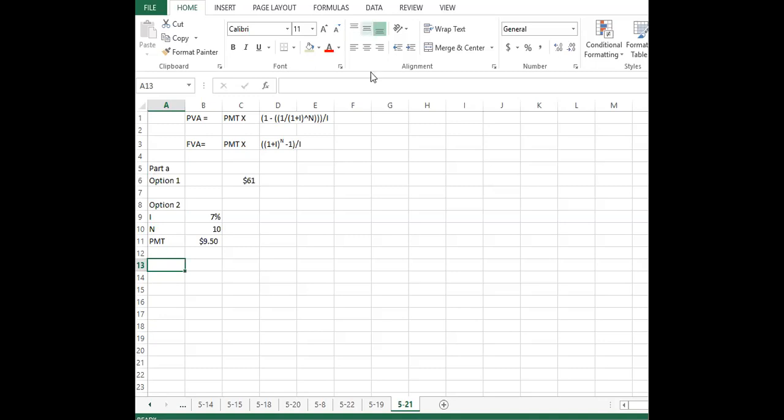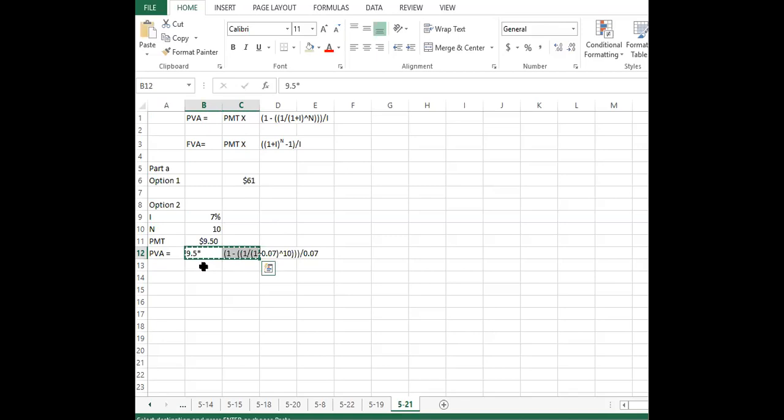So the formula of present value, here it is. PMT is 9.5 multiplied by factor. Here we have a percentage of 7%, 0.07. Time period is 10 years, and the percentage is again 0.07.